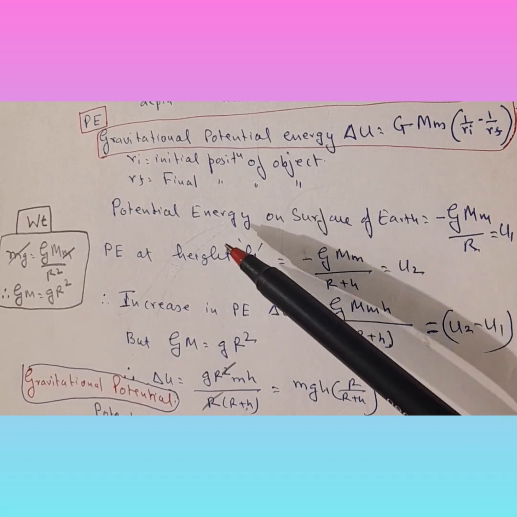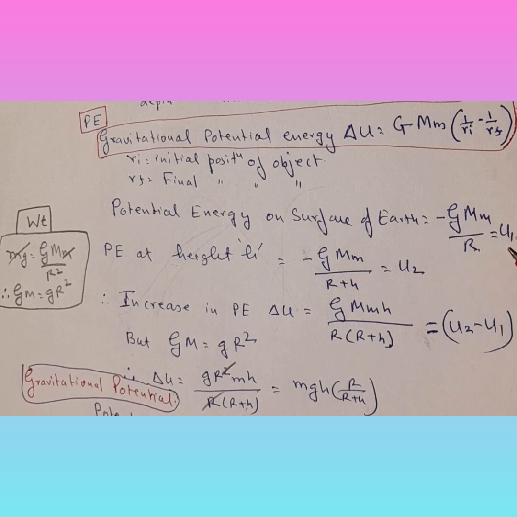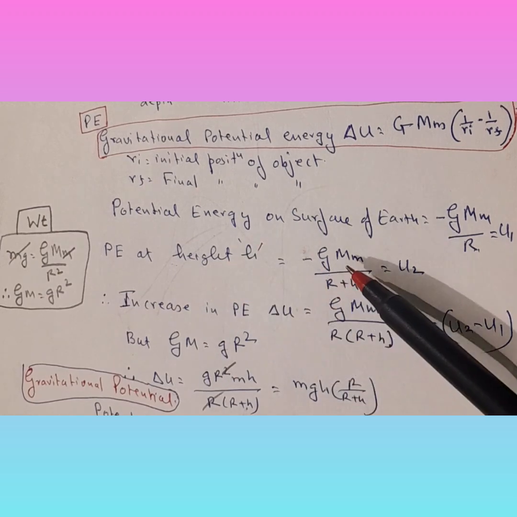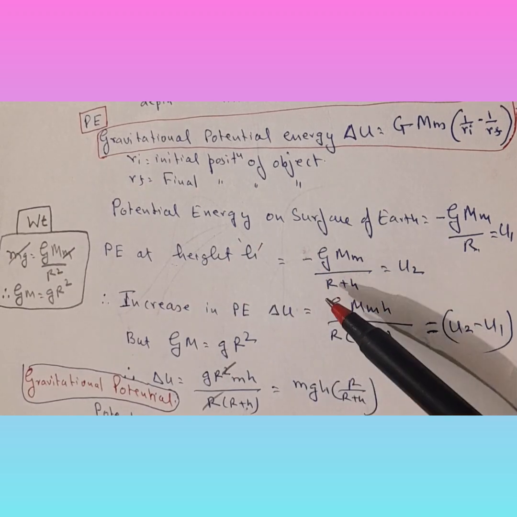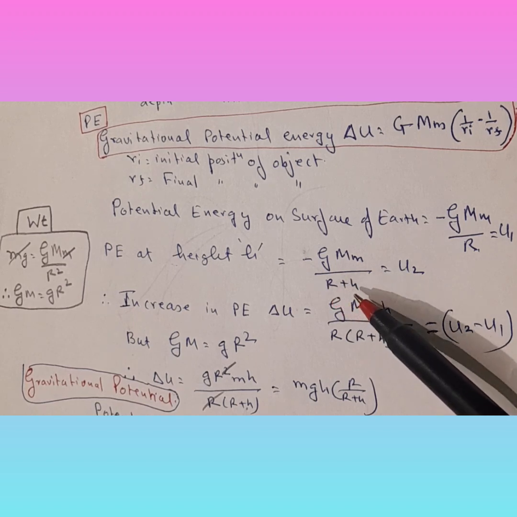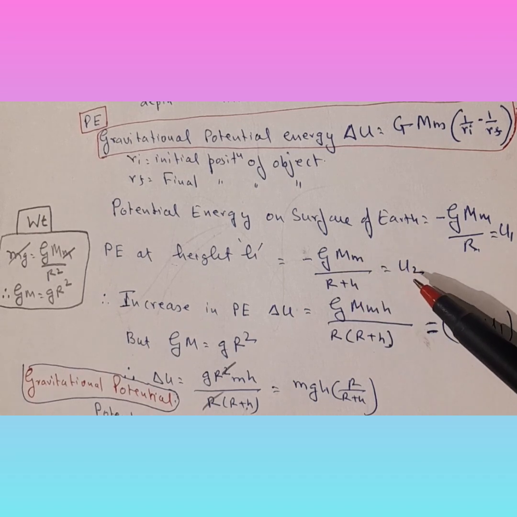Potential energy on the surface of the Earth is minus GMm upon R, which we designate by U1, and potential energy at height is minus GMm upon R plus h, where R is the radius of Earth and h is the height at which the object is. We call it U2.